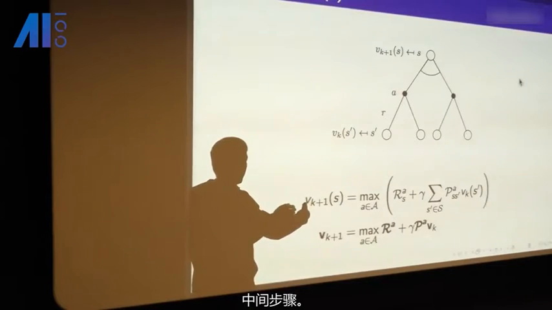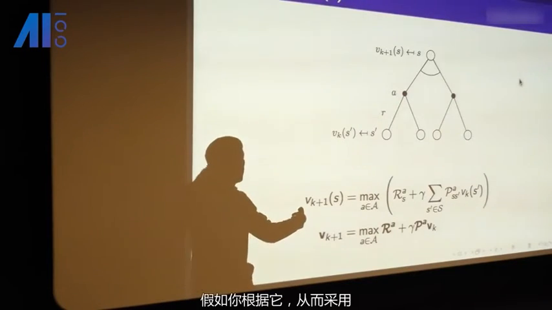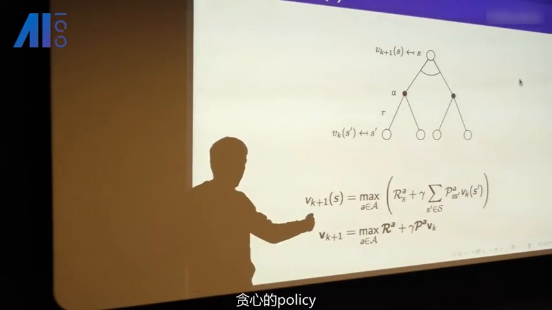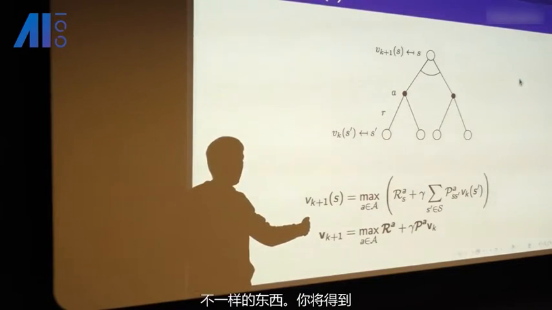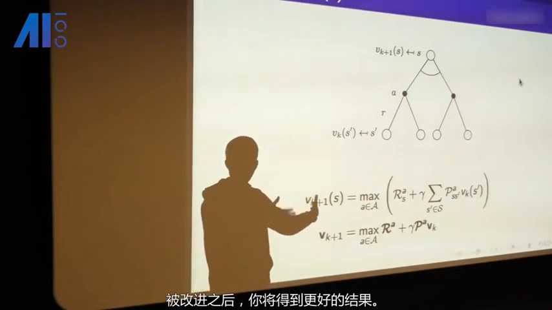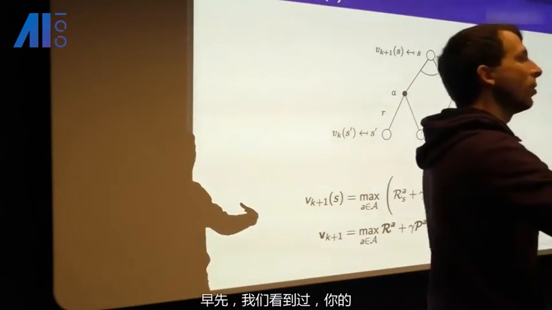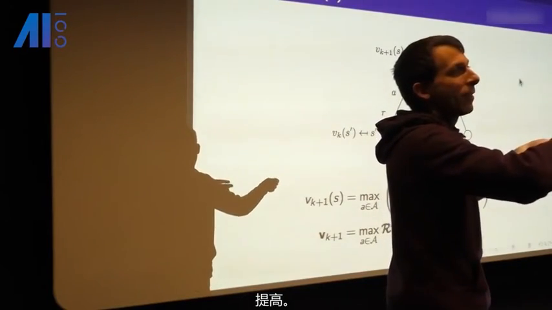If I just look at one intermediate value, and consider the greedy policy with respect to that, and really evaluate the value under that policy, then I might get something different from the value that I started with. Yes, you would get something different. In fact, you would get something better from the policy improvement theorem that we saw earlier. Your value function would go up.